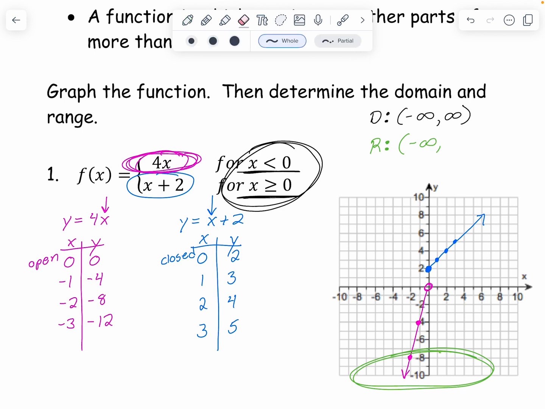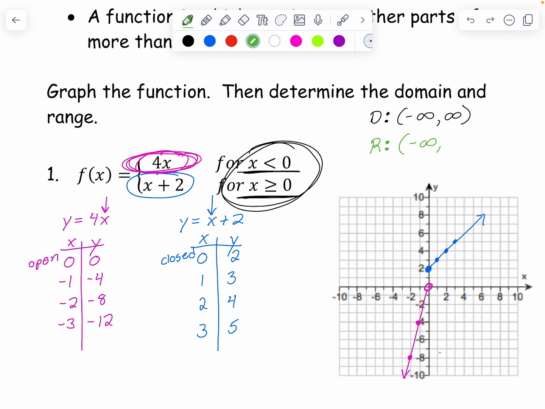Now, we need to be careful from here because we do see that the top goes up forever, which would be positive infinity. However, there is a break in my graph right here. So in between that open circle and that closed circle is a gap where I have no graph. Those are not connected. Therefore, there is a break in my y values.